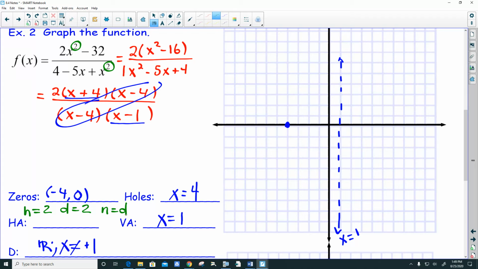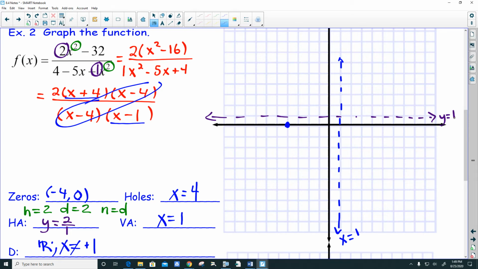So again, be very careful. We want the lead coefficients. That's a 2, and technically in the denominator, it's a 1 if that were reordered. So this means we have a horizontal asymptote where y equals 2. So again, placing that on the graph and labeling that.